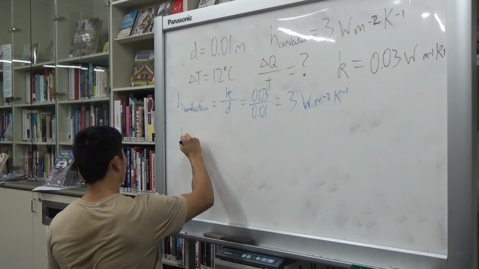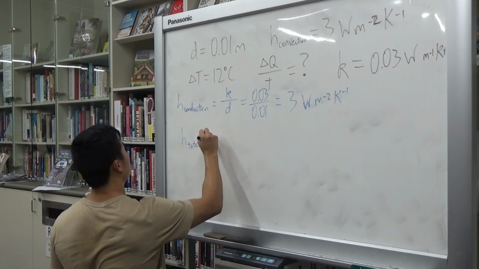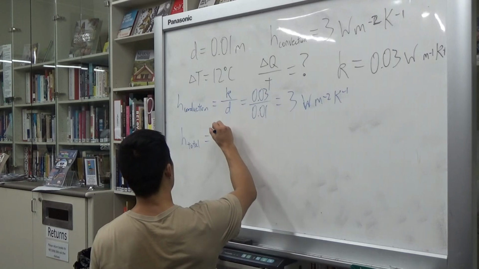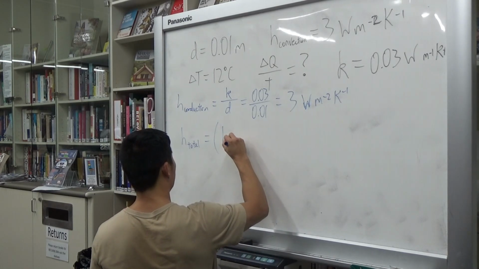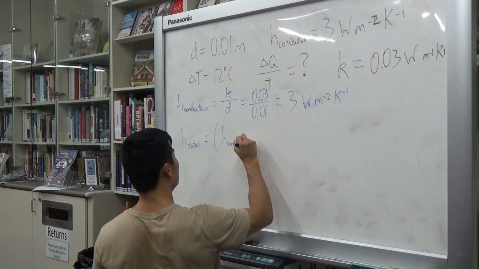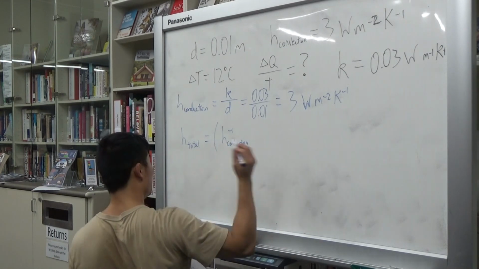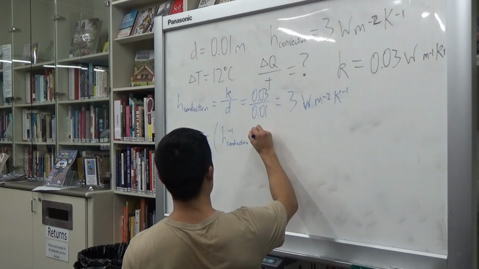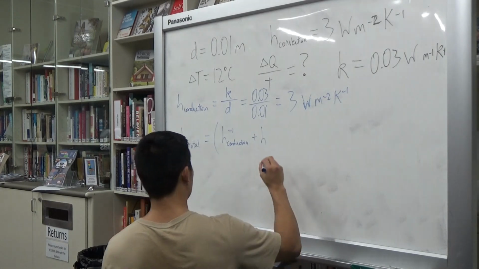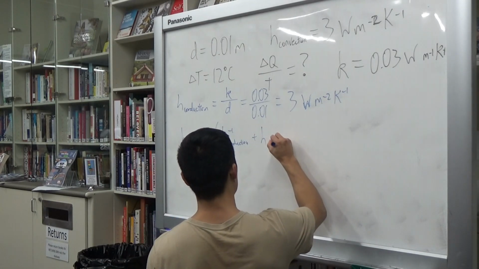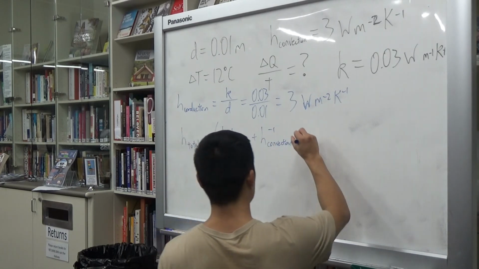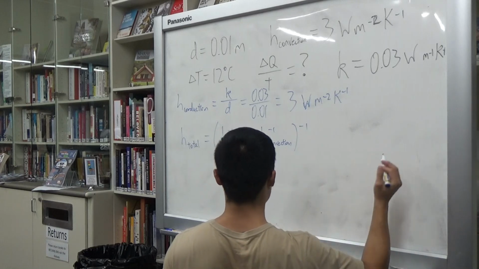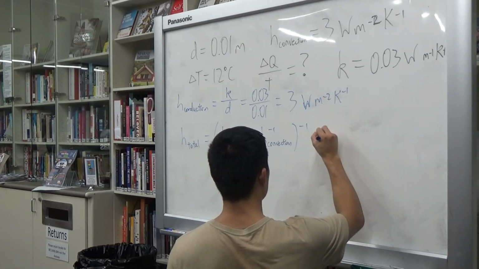So we have the H of conduction and the H of convection. And so now we need to find the H total, which is going to be H of conduction to the power of -1 plus the H of convection to the power of -1, and all of that to the power of -1.